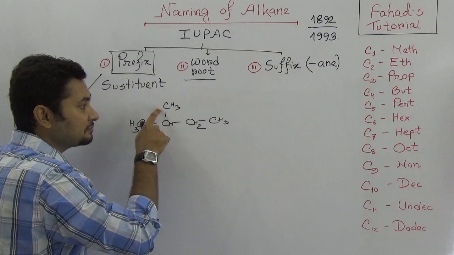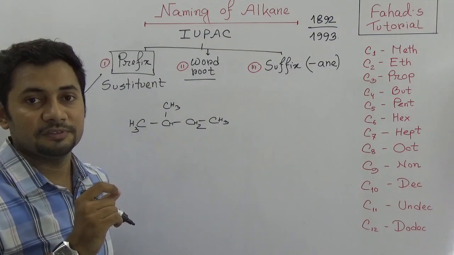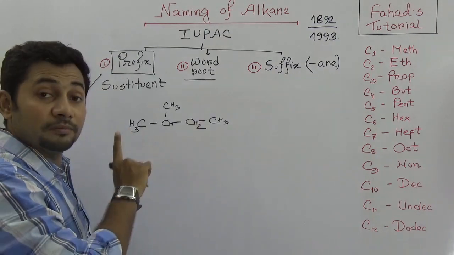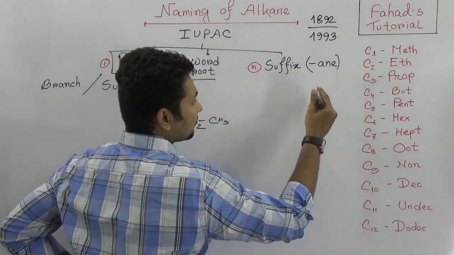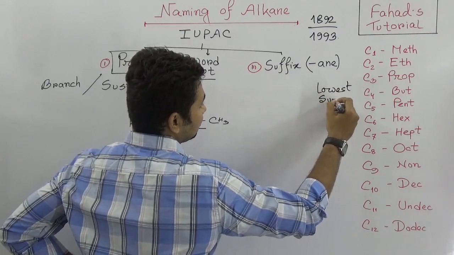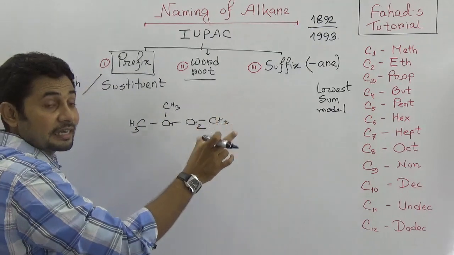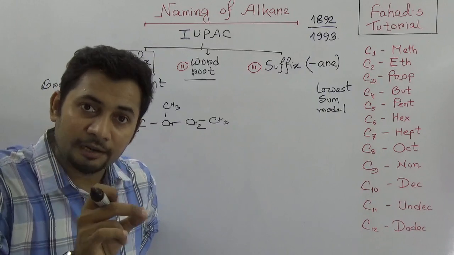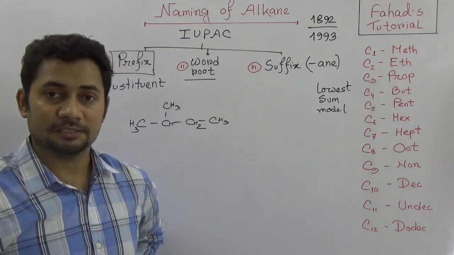Now you think this methyl is added to which number carbon? Now you need to count the number of carbons. From where? You must know one thing, the lowest sum method. What is this? The lowest sum method is that we have to count the carbons from whichever side the branch will be in the lowest position.